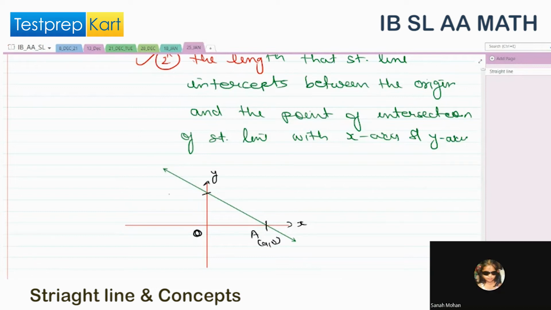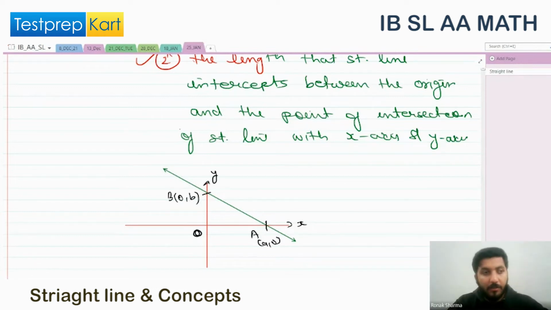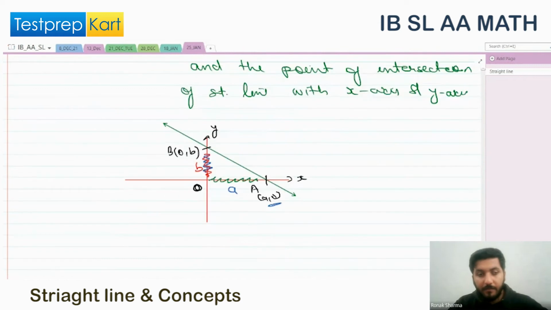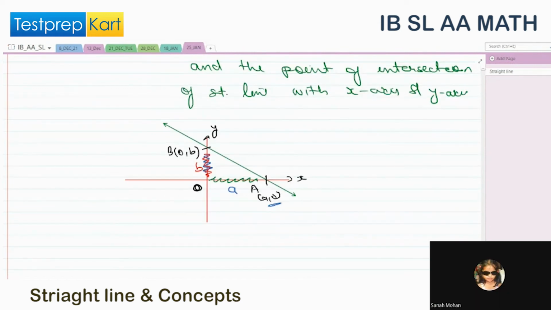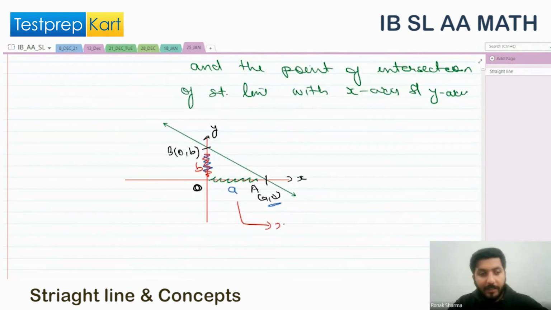This point is let's say B, that is 0 comma B. So this is the length that we are calling intercept. This length is going to be A, and if this is 0 comma B, this length is going to be B, right? So this is what we call the x-intercept because this is the length covered on the x-axis, and this is going to be called the y-intercept.